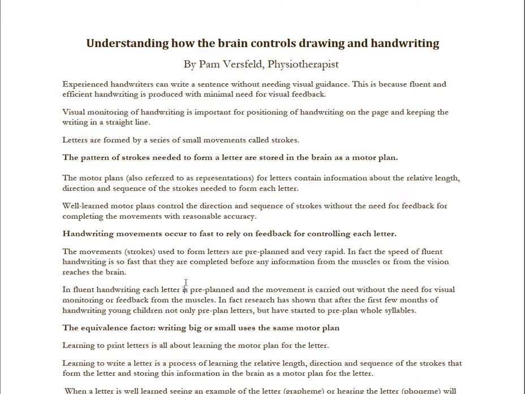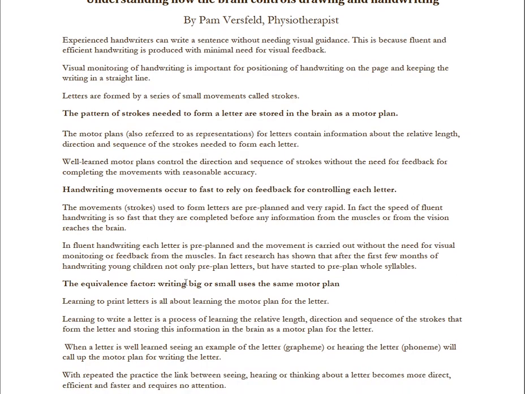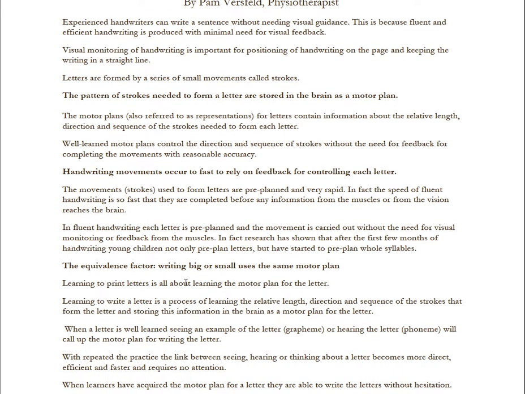The equivalence factor, that is to say, big writing or small writing uses the same motor plan. And I recommend working with big before the small and doing it with air writing, that is writing with a hand in the air or with chalk in large letters on a chalkboard.